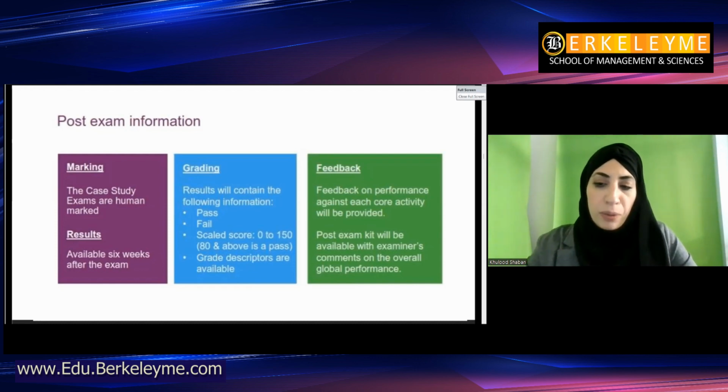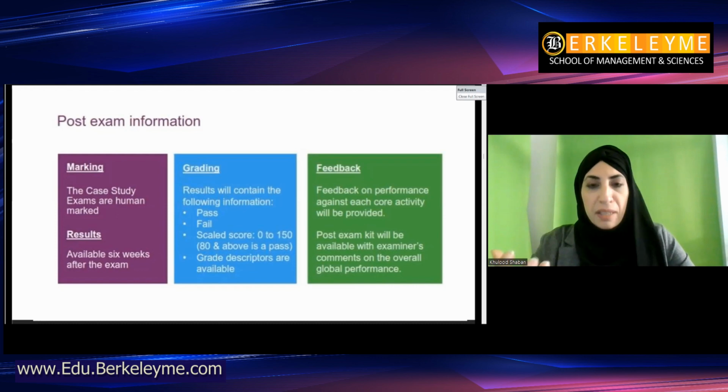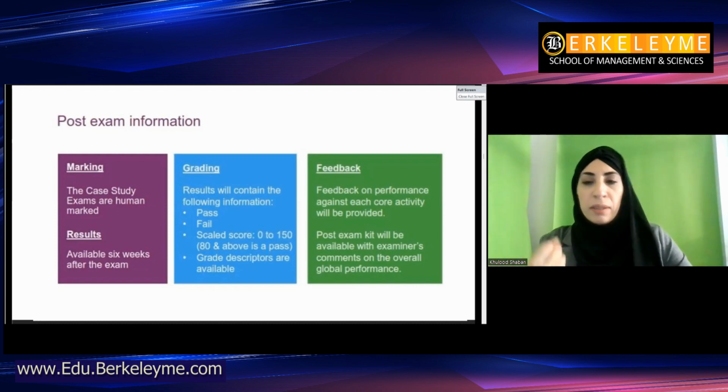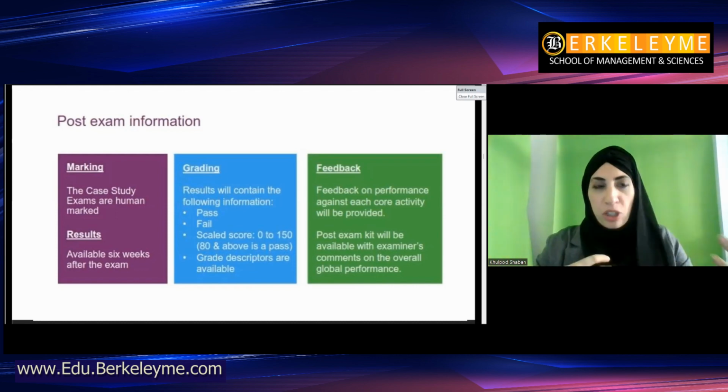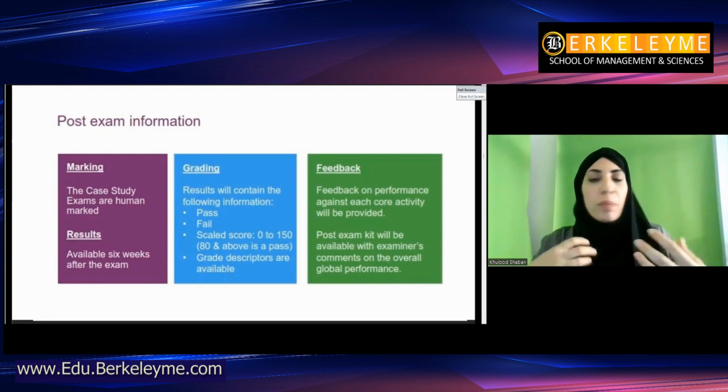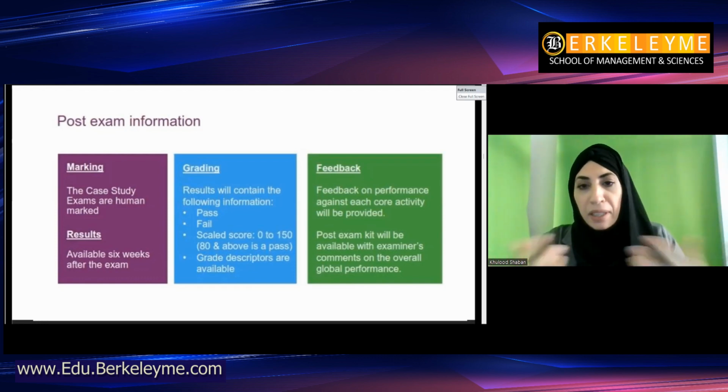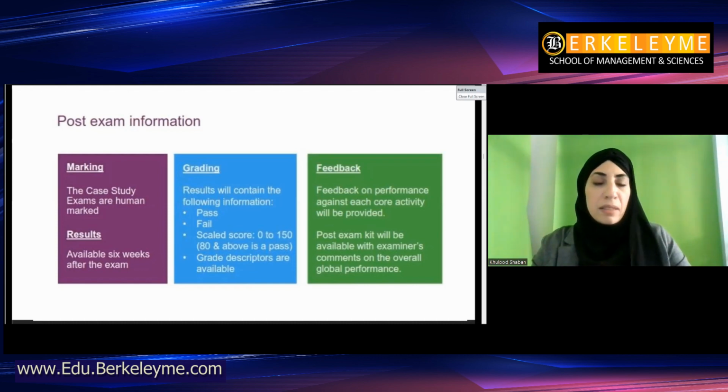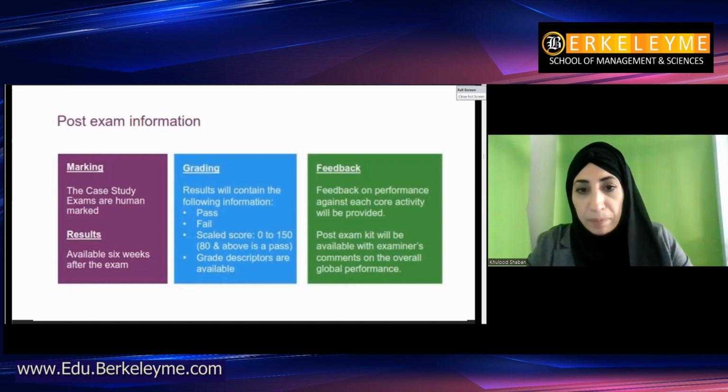Now you also should understand this, that if you didn't pass one section, that doesn't mean that you won't pass the exam, because it's an overall mark, which means that if you score high in some section and lower in another section, then it will balance and you will be able to pass your exam.